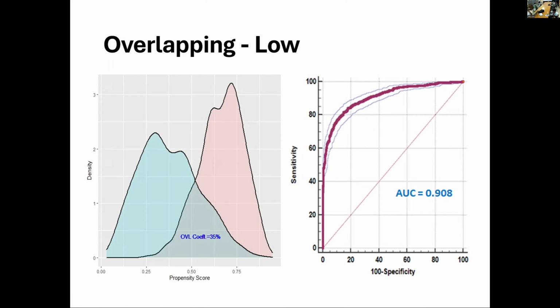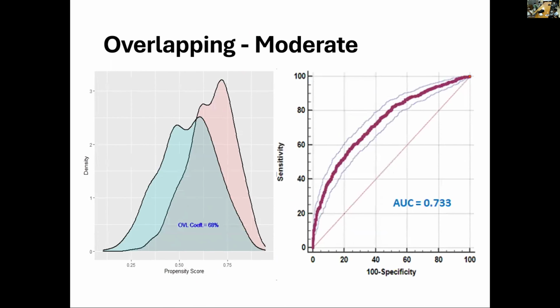As a corollary, when the ROC has a very high AUC, here 90%, it suggests that you have to have a PSA analysis. And as the overlap increases, the AUC decreases, so it comes closer to your diagonal line, 73%.